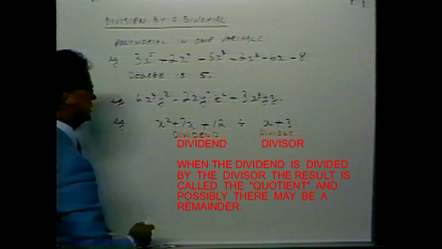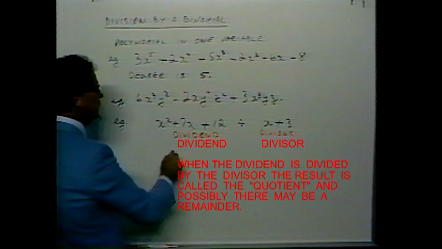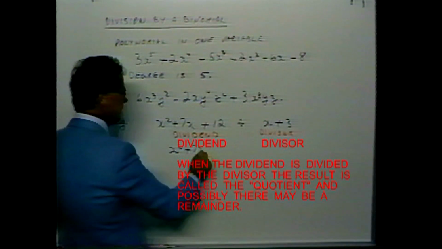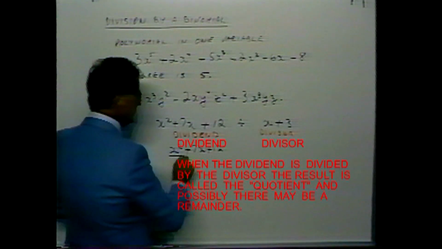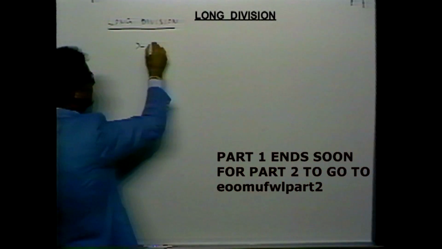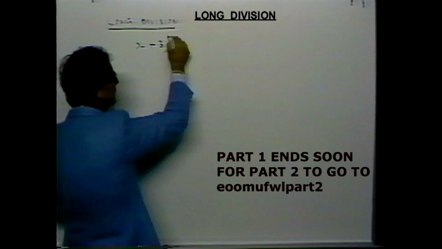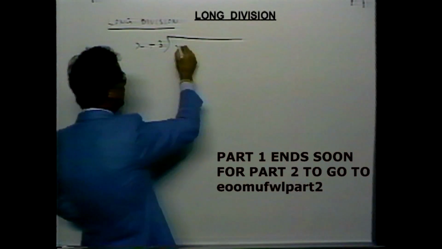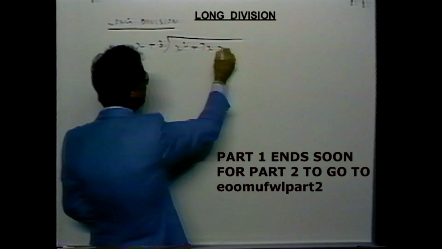I can also express this problem in the way you have seen it shown before. X squared plus 7x plus 12 divided by x plus 3. Plus 3 divided into x squared plus 7x plus 12.